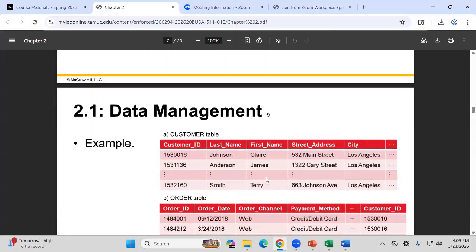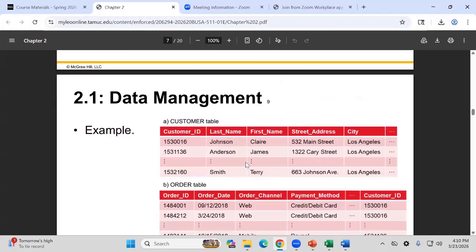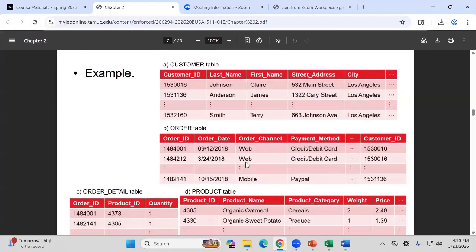If we change the design from this very messy structure to this, we call this an entity relationship database. Very important concept. Obviously, for some business analytics students, you will study more about entity relationship database design in the BUSA 526 class.